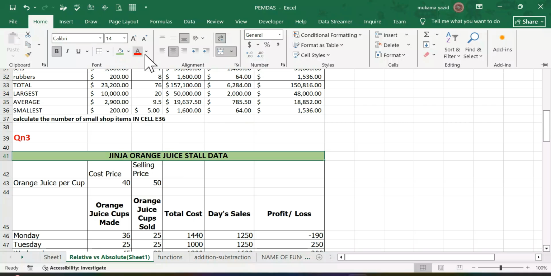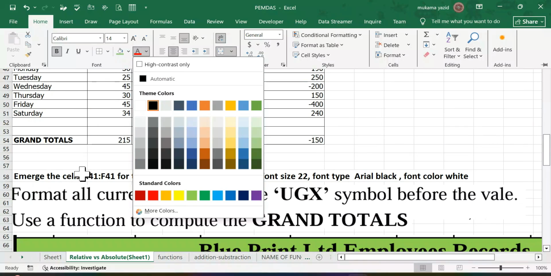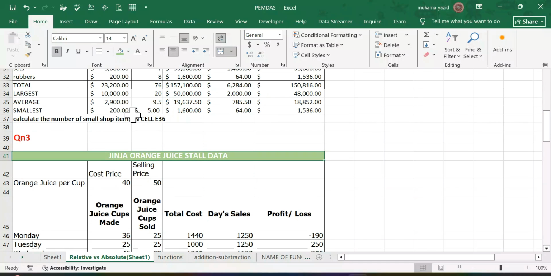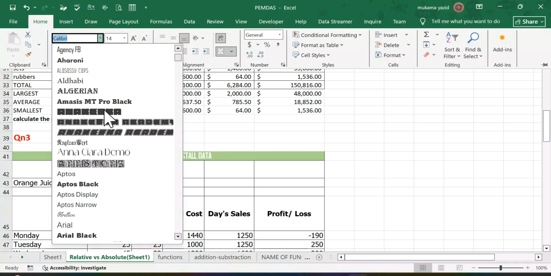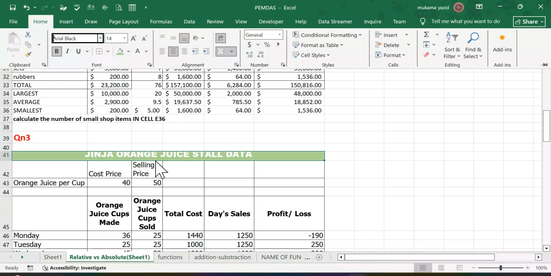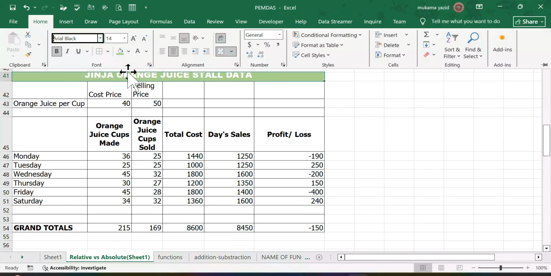Then they said font color white. This is white. They said font type Arial Black. Then they said font size 22.